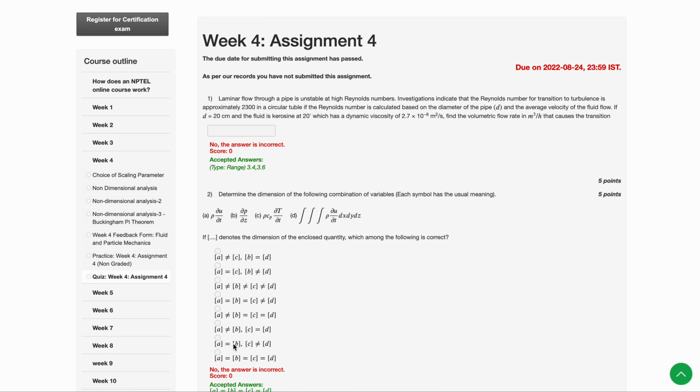So the correct option is that dimension of A is equal to dimension of B, comma, dimension of C is not equal to dimension of D. This is the correct option.